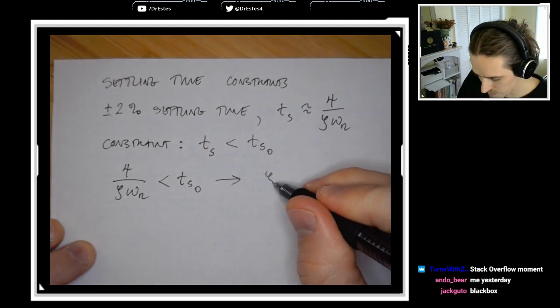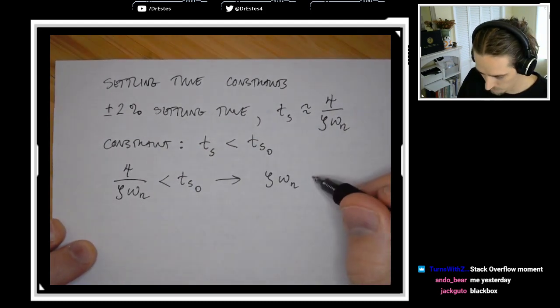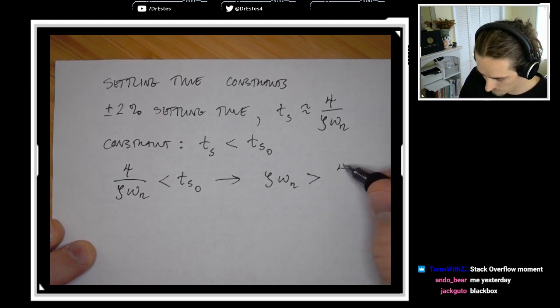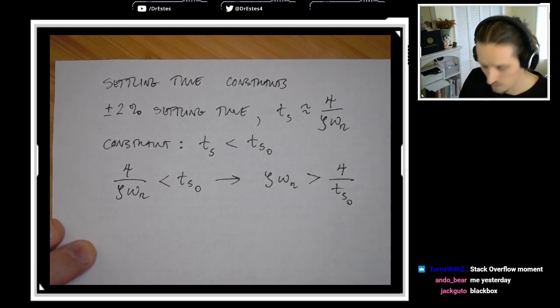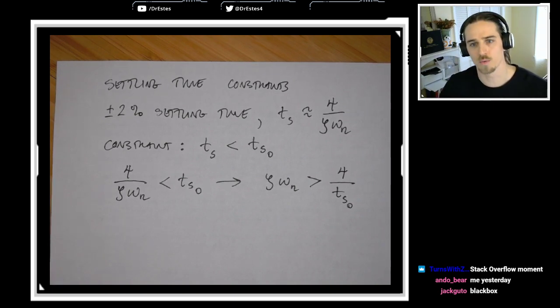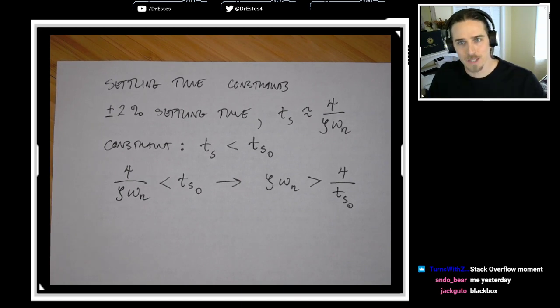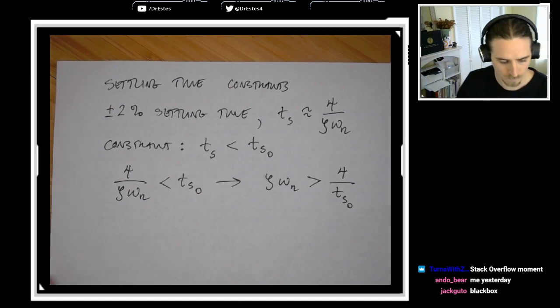And okay, this isn't so bad. It means this product must be greater than 4 over whatever that time is. All right, so what does this actually mean in terms of our discrete roots and where they can be in the complex plane?